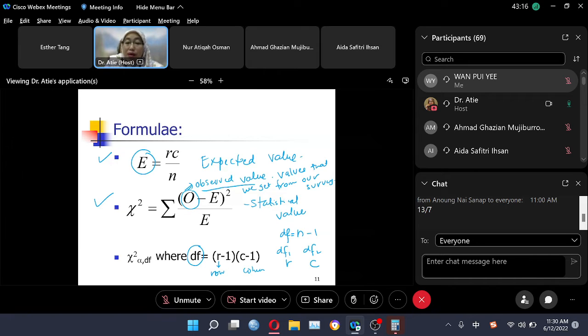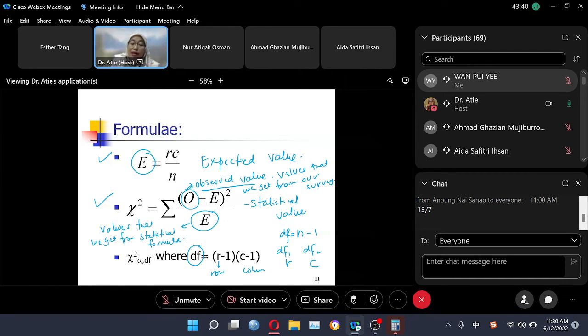Expected value is actually values that we get from a statistical formula. So this one is on page 129.